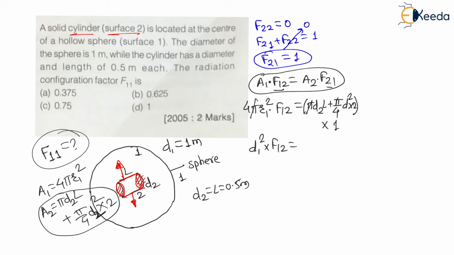Therefore it will become d2 square in bracket, d2 square plus, now 2 by 4 is 1 by 2, therefore d2 square divided by 2. Now let us put the values. Therefore F12 is equal to d2 square plus d2 square divided by 2, whole divided by d1 square.